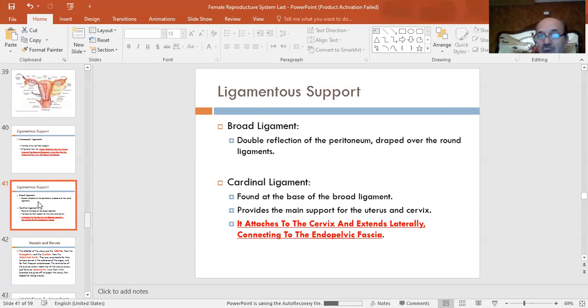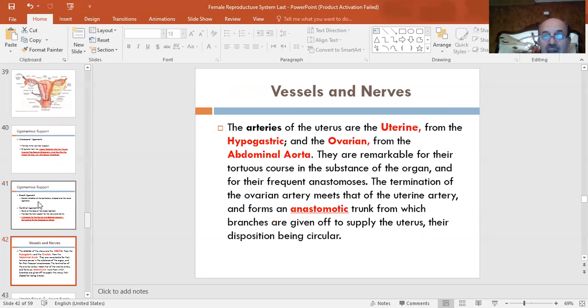The broad ligament, we said, is a double reflection of the peritoneum over the round ligament. We spoke about that. Now, the vessels and the nerves. The arteries that supply the uterus are from two sources: the uterine artery from the hypogastric, and the ovarian from the abdominal aorta.